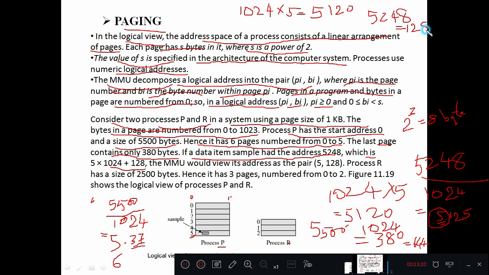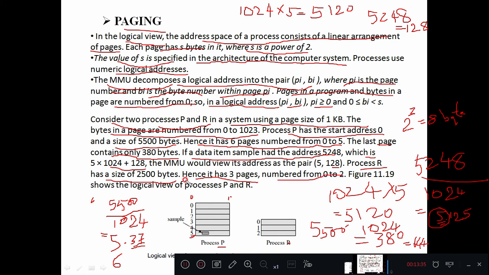That means the page number is 5 and the byte number will be 128. Similar to this we can also calculate for other processes. In the diagram, process R has a size of 2500 bytes, hence it has a total of 3 pages numbered from 0 to 2.